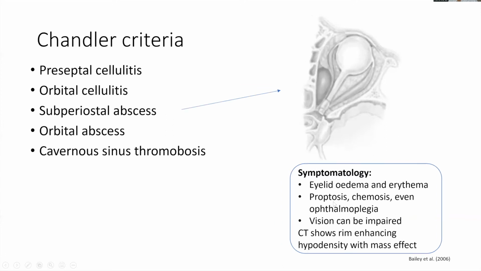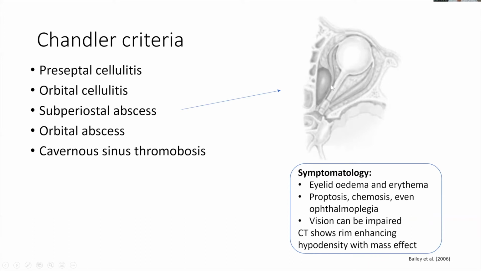And subperiosteal abscess, in the CT scan, will show this typical pattern of a collection located subperiosteally. Very often there might be only the beginning of an abscess, but once there is a fully developed one, you would see the rim enhancing hypodensity with a mass effect. Patients will often present with proptosis, chemosis, sometimes even ophthalmoplegia, and vision can be impaired.